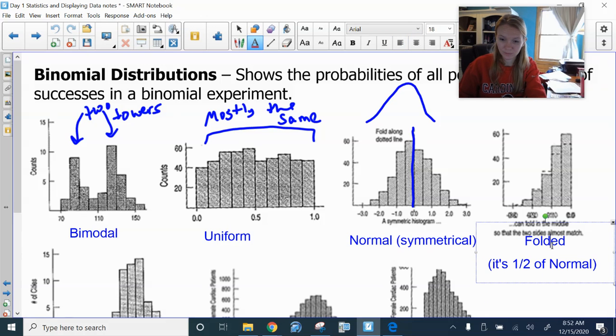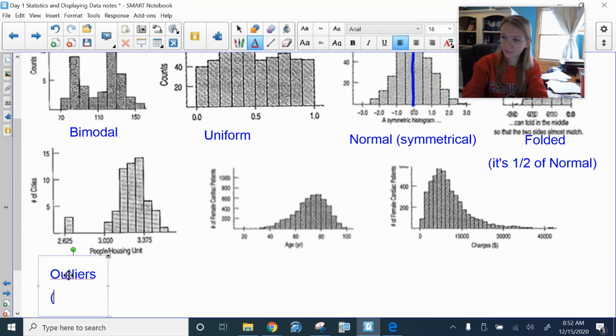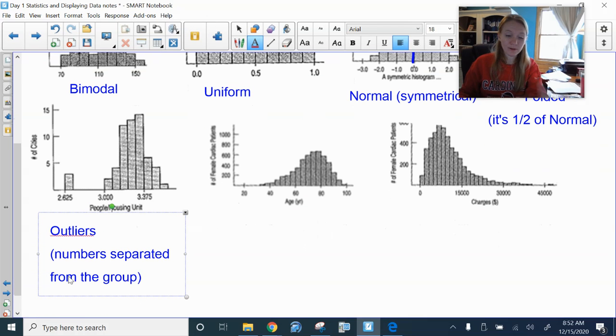This fifth one, the one on the bottom here, is a graph where we have outliers. I'll scroll up here. There are parts that are just separated out from the group.